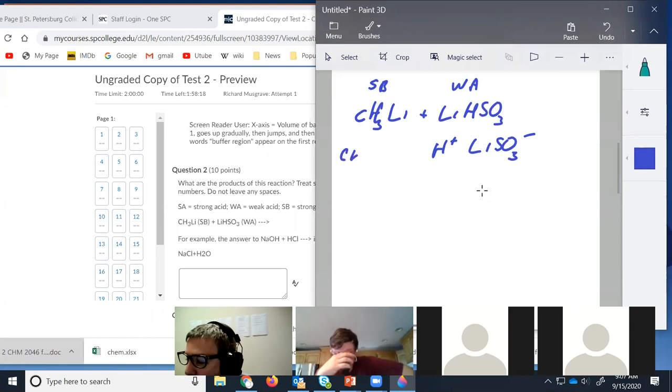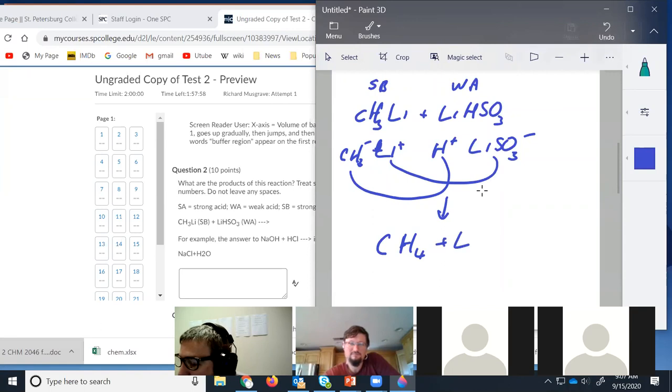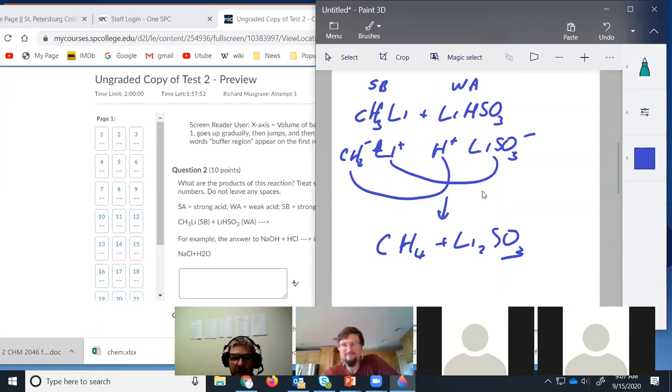And on the other side, we'll have CH3 minus and Li plus. So the CH3 minus combines with the H plus, that'll give us CH4. And then the Li plus combines with the LiSO3 minus to give Li2SO3. Does anybody have any questions?